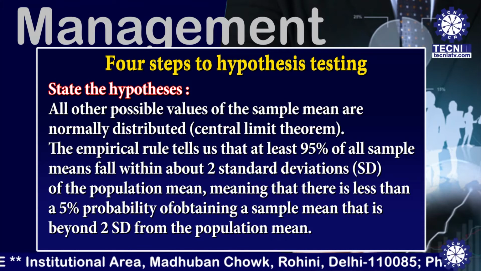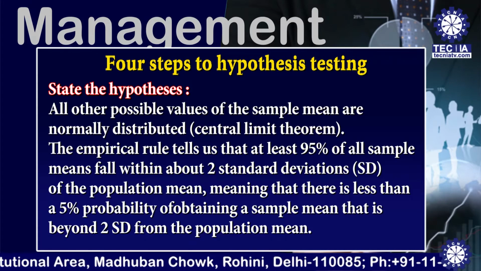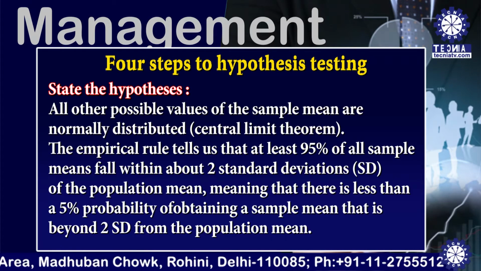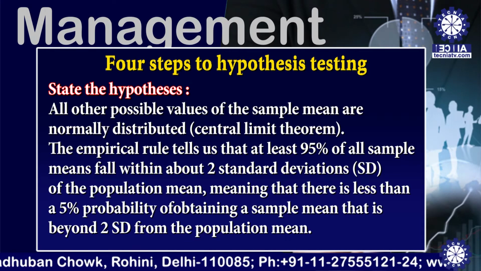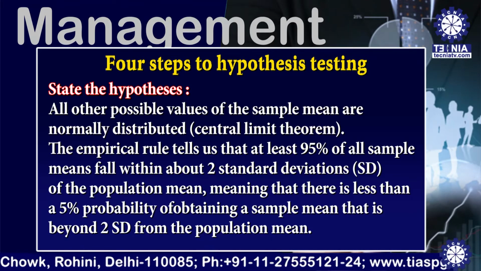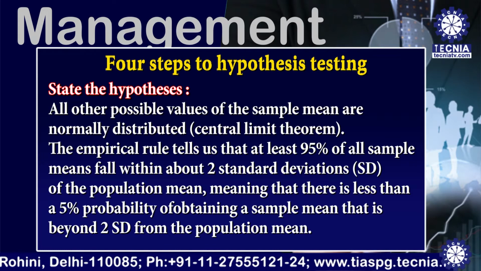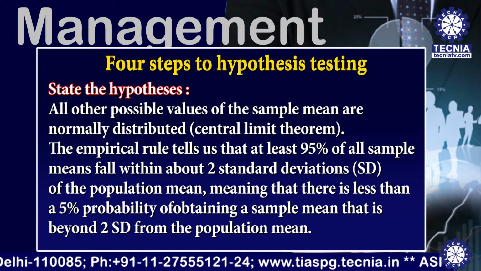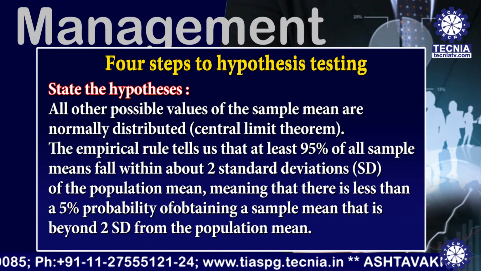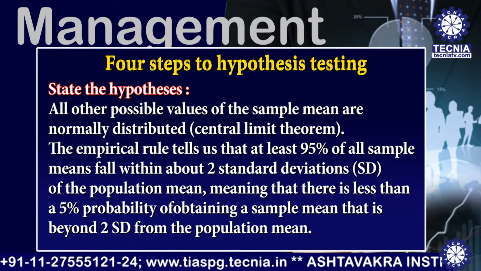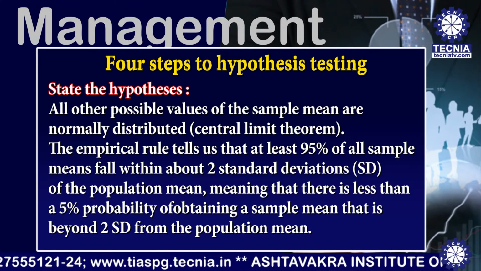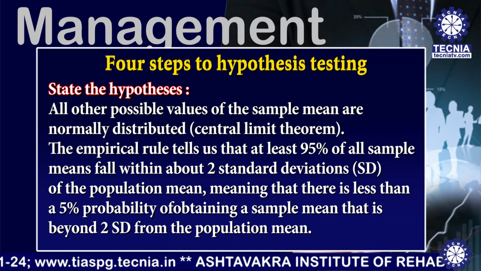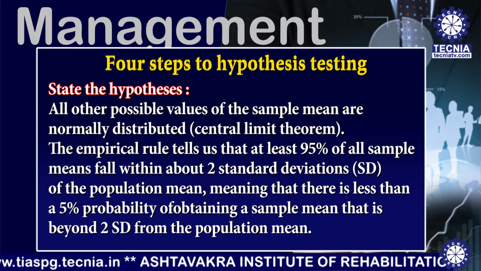The empirical rule tells us that at least 95% of the sample means fall within about 2 standard deviations of the population mean, meaning there is a less than 5% probability of obtaining a sample mean that is beyond 2 standard deviations from the population mean.